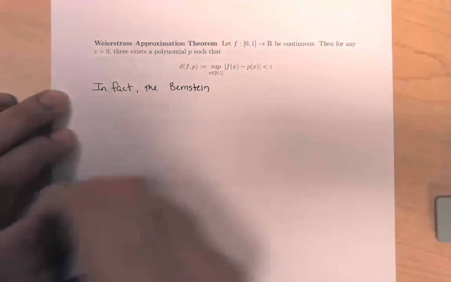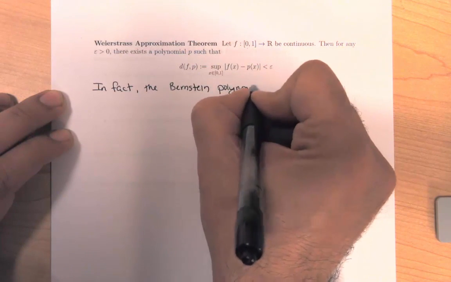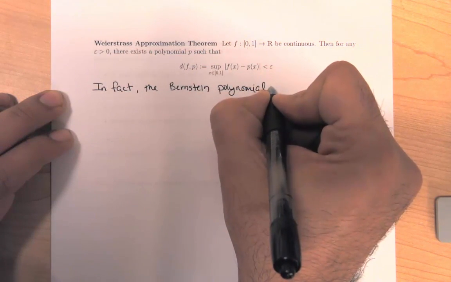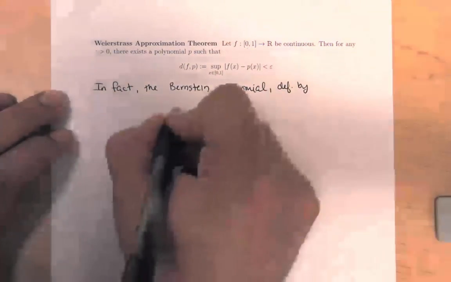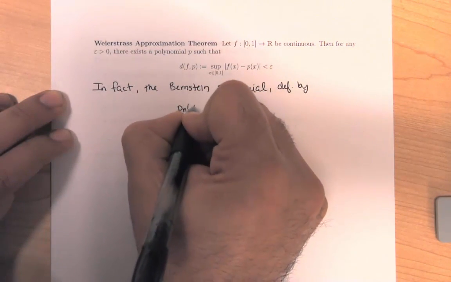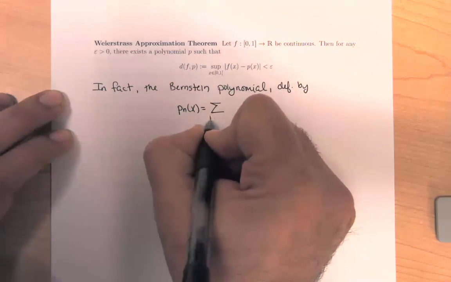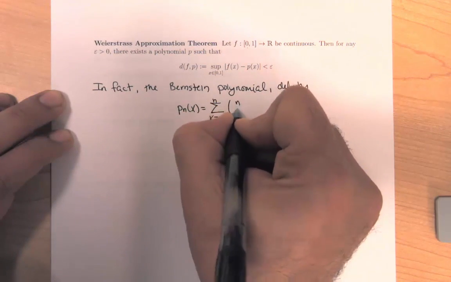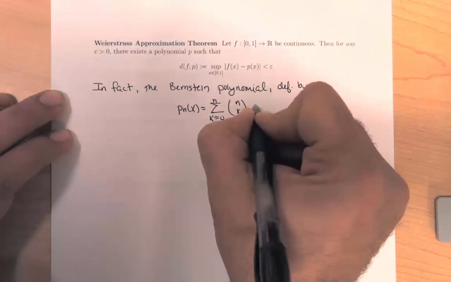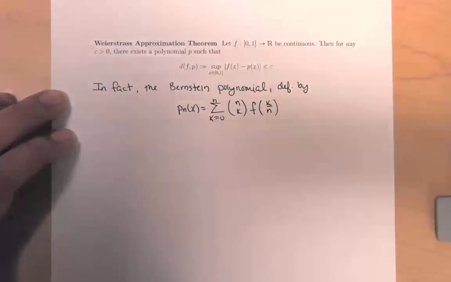Oh yeah, Bernstein polynomial defined by Pn of x equals the sum from k equals 0 to n of n choose k, f of k divided by n.